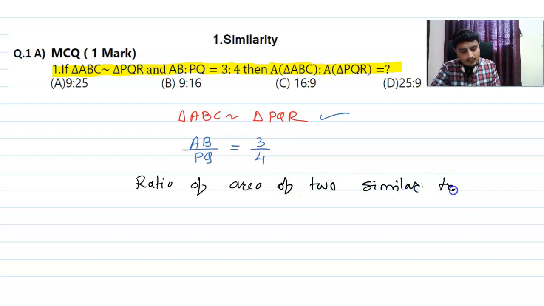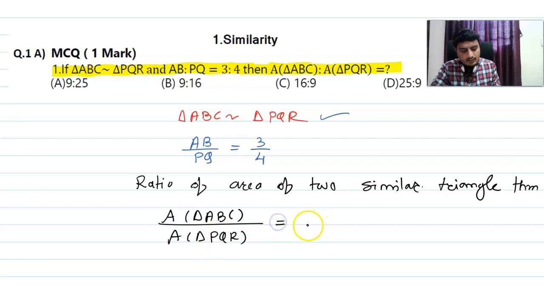We have here area of first triangle ABC divided by area of second triangle PQR, that is equal to the ratio of squares of their corresponding sides. So we have the corresponding sides AB and PQ. So square of AB divided by square of PQ.